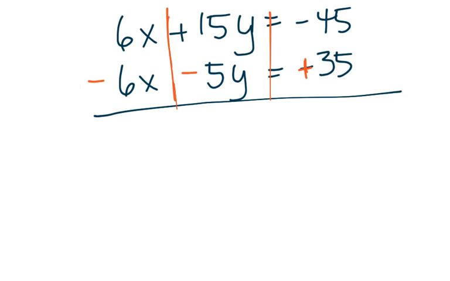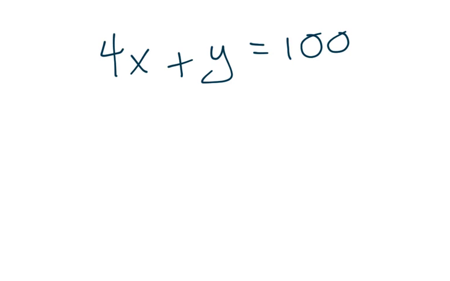As long as you multiply everything by the same number, you can change any equation. So for example, let's say it was 4x plus y equals 100. If I want to multiply this entire equation by 5, I can.